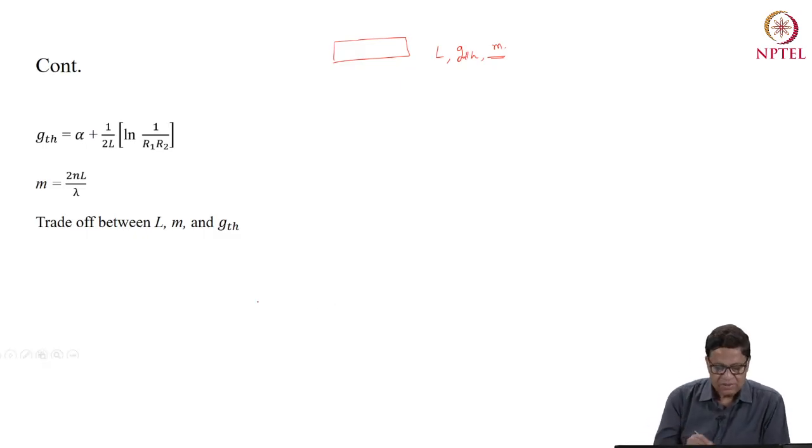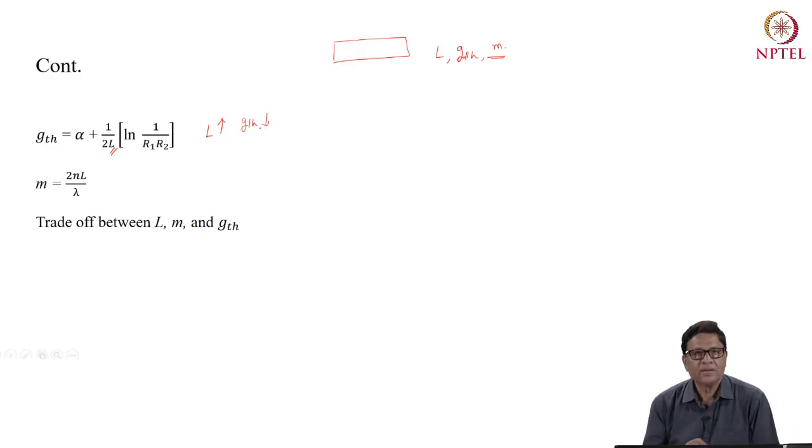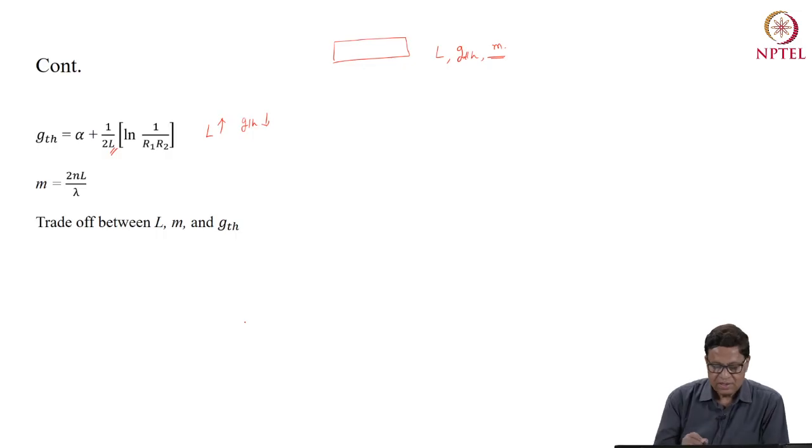GTH and M. So suppose L increases, then GTH will decrease. And if L increases, in this expression you see the M is increasing.